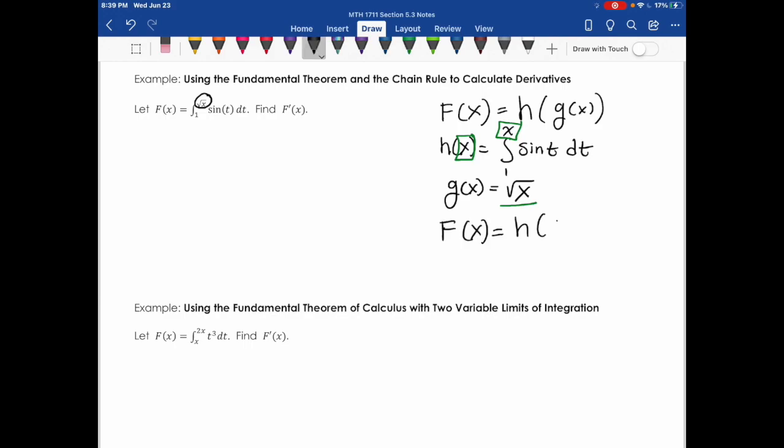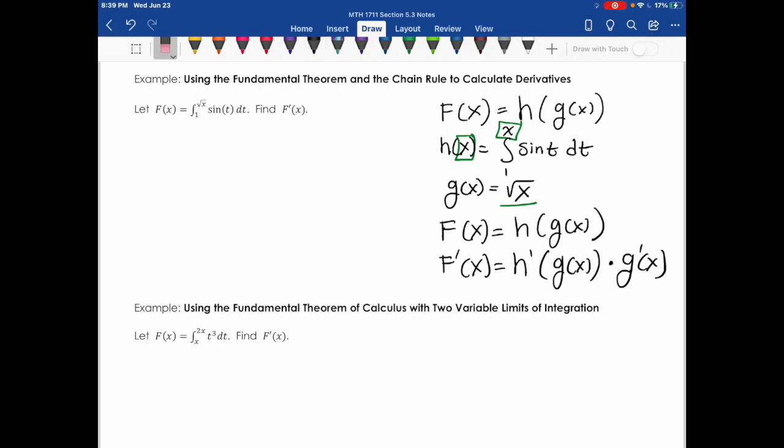So what this tells me is now, if I have F of x as a composition function, then when I take the derivative of F, I'm going to take the derivative of h evaluated at g of x, but I have to remember to multiply by the derivative of g, which is that inner function, the square root of x.